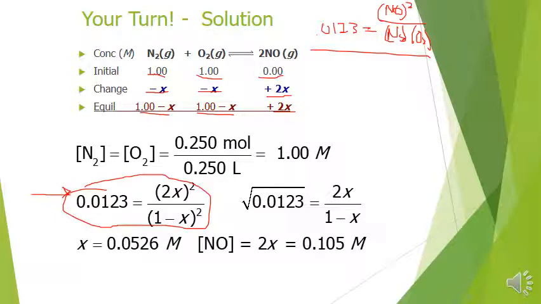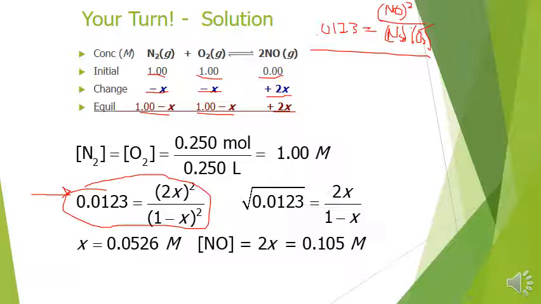So we replace these values with the values we got from the ICE table. And we say 1 minus x times 1 minus x, which is 1 minus x squared. That's why we simplified it there. And we can see that both are squared. So if we just take the square root of both sides, we can get these squares off of the x's.